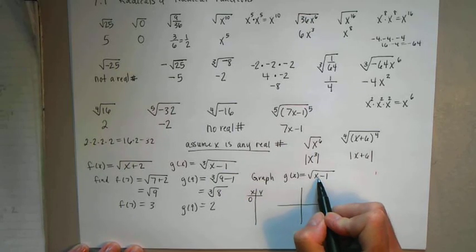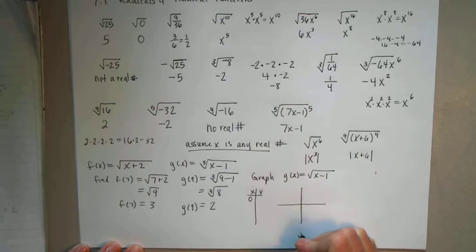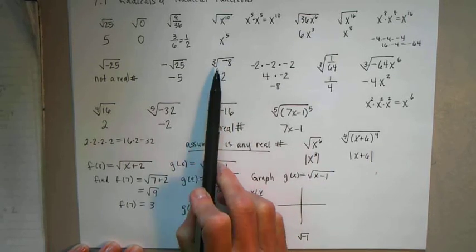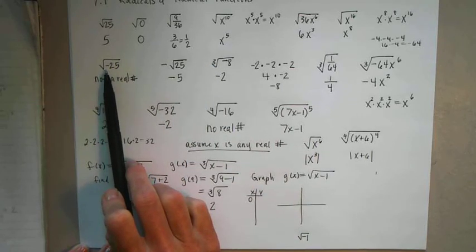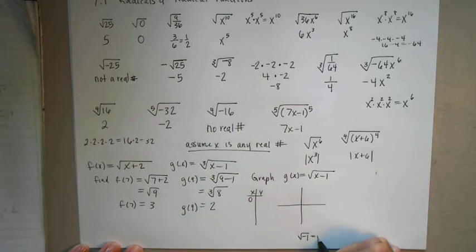If I put in 0 for x, I get the square root of negative 1. And we saw up here that we can't have the square root of negatives because the answer is no real number. So there's no corresponding point to graph at 0.